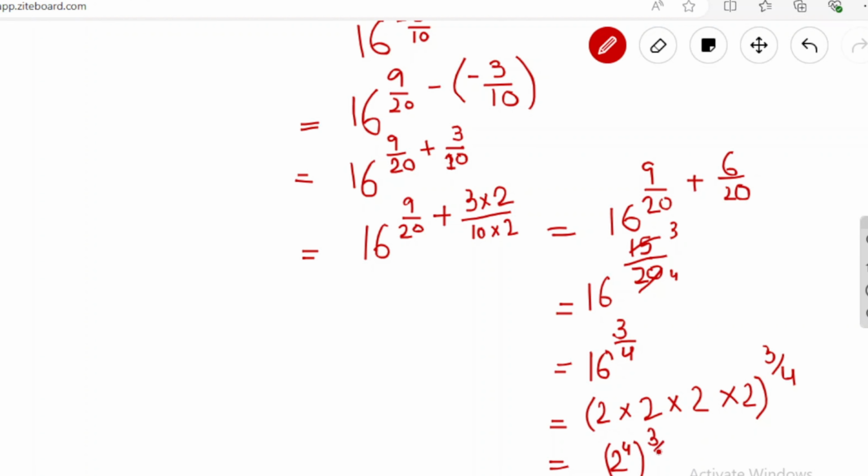The 4 is in the numerator and this 4 is in the denominator, so they cancel and we will be left with only 2 raised to the power 3. And 2 raised to the power 3 means we multiply 2 three times. So 2 times 2 is 4, and 4 times 2 is 8. So the answer will be simply 8.